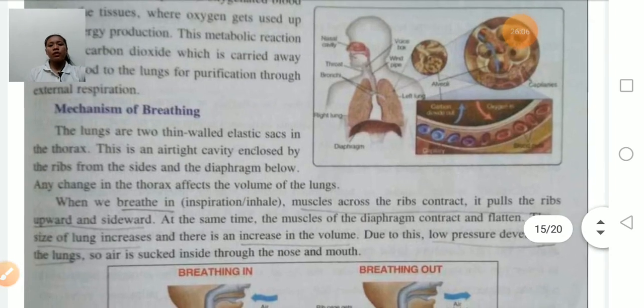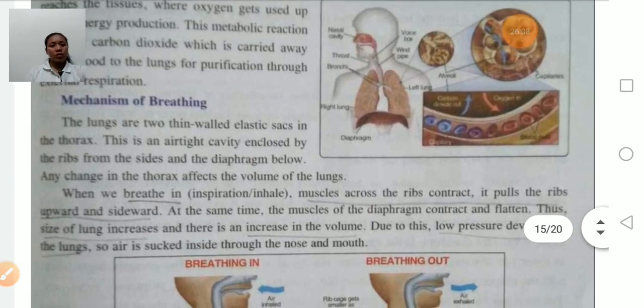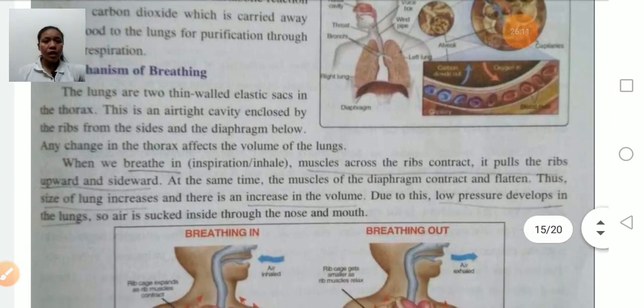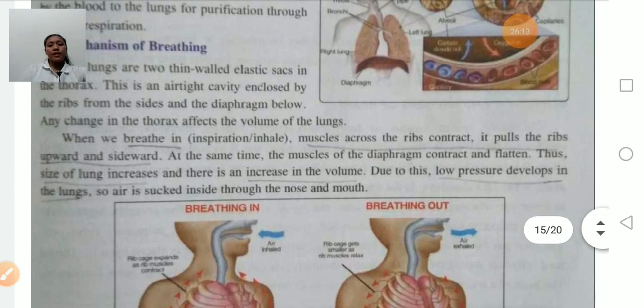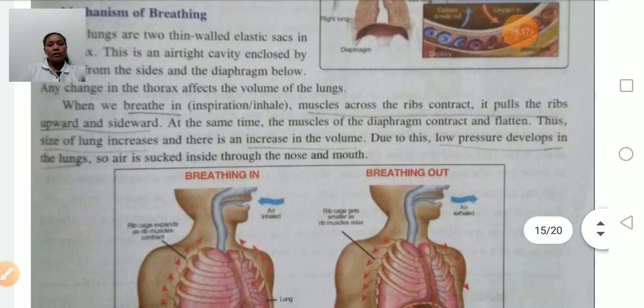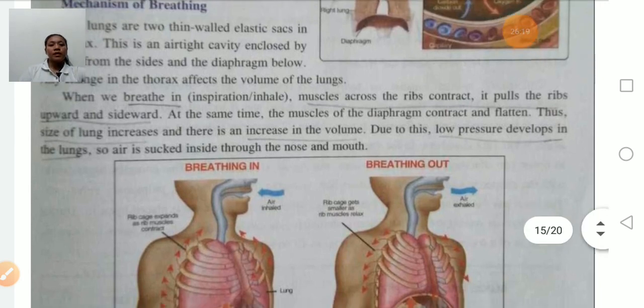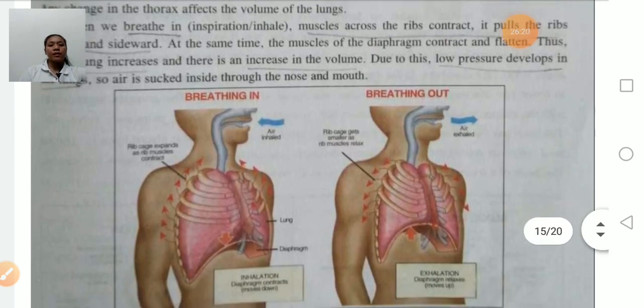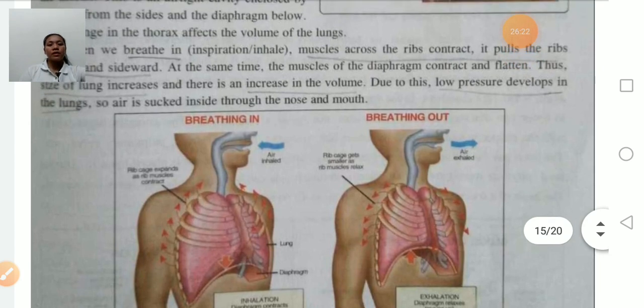Mechanisms of breathing. How we breathe. When we breathe in, inhale, the muscles across the rib cage contract.